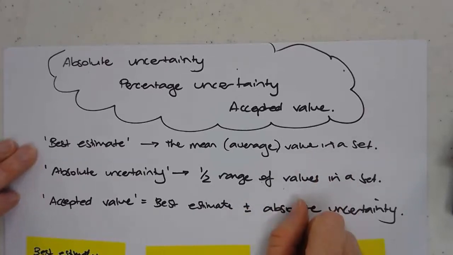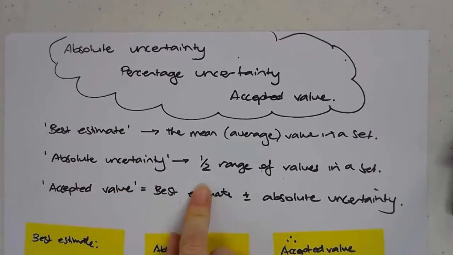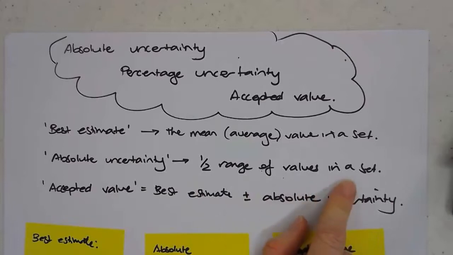Of course we do averages rather than just collect one piece of data once, because that's our better scientific process. The next term is absolute uncertainty. To find our absolute uncertainty, or as comfortable as we can get with how different our data set might be if we were to do it again, or if it's affected by different values, we take half the range of the values in a set.